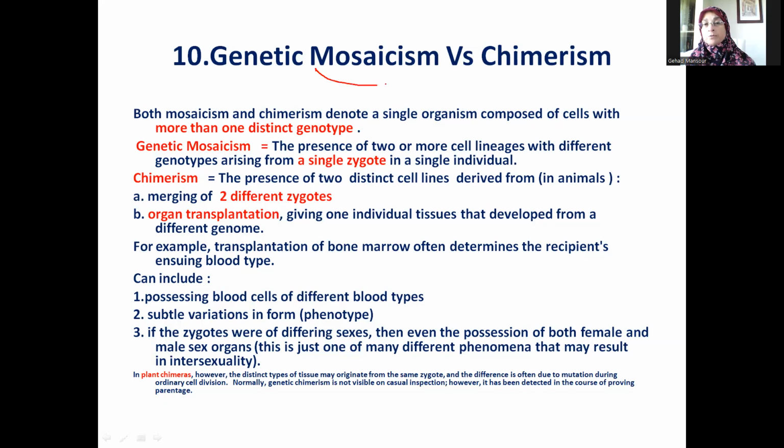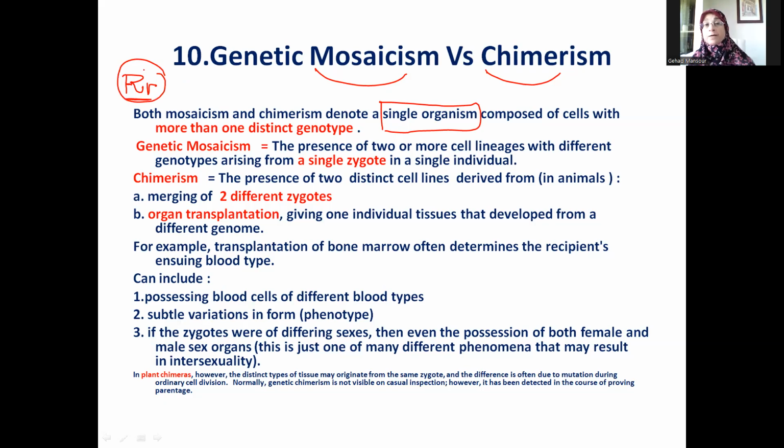Whether we are talking about Mosaicism or Chimerism, we are talking about a single organism, but within that single organism, we have cells that have more than one distinct genotype. Meaning that if I say that an individual, a pea plant, for example, has the genotype R capital, R small for the flower color, then all the somatic cells of that pea plant will have this genotype for that characteristic, which is the flower color.